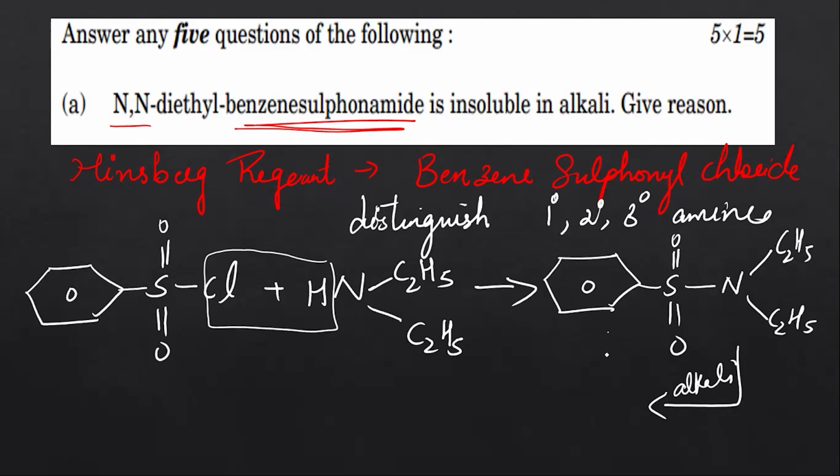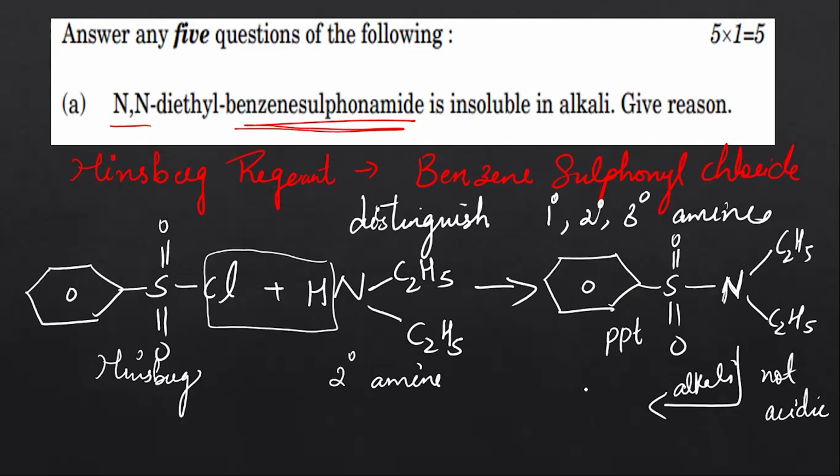A precipitate is formed when this Hinsberg reagent is treated with secondary amine, and this contains no hydrogen atom on nitrogen. That means it is not at all acidic in nature, so this will be insoluble in the alkali.